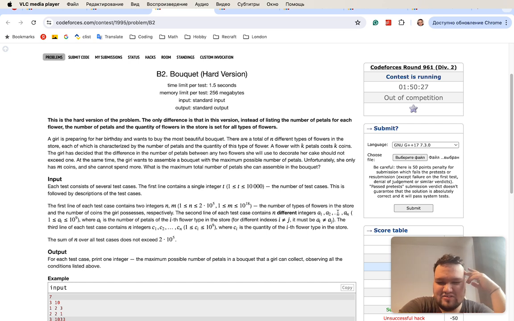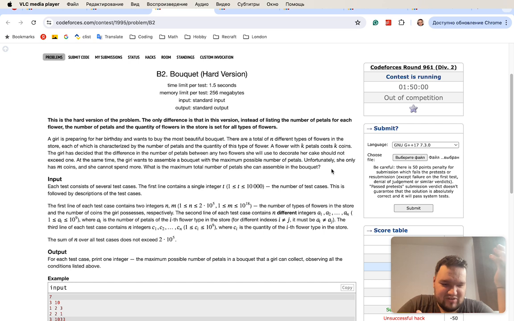Okay, so because we want number of petals to be like almost the same, we can actually try, well, all the possibilities. All the possibilities are either we just have one type and then we can try all the types, or we can have two types that are different by one.